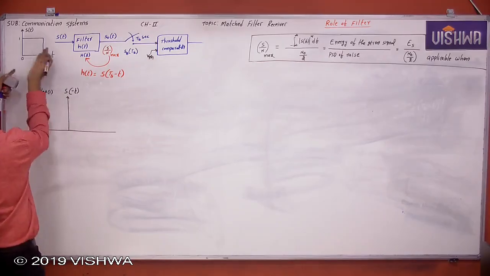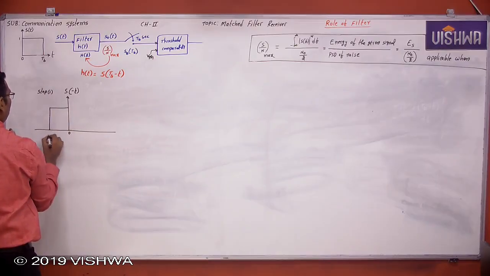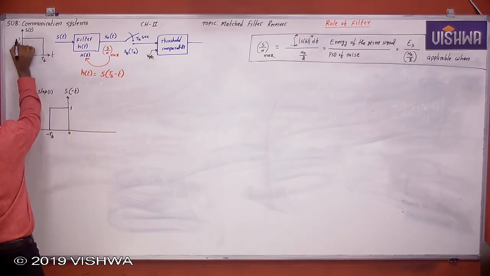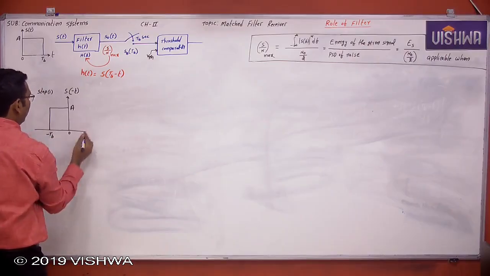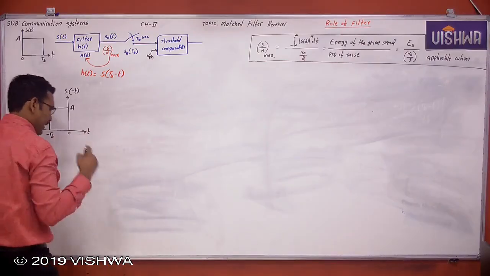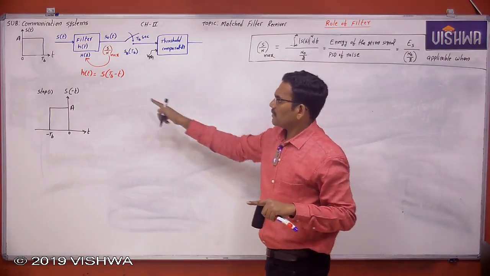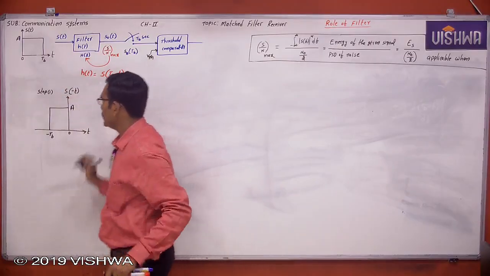Just fold the signal. Let us assume the amplitude is A. This is step one for any signal: whatever the signal is given, you fold it for finding the impulse response.